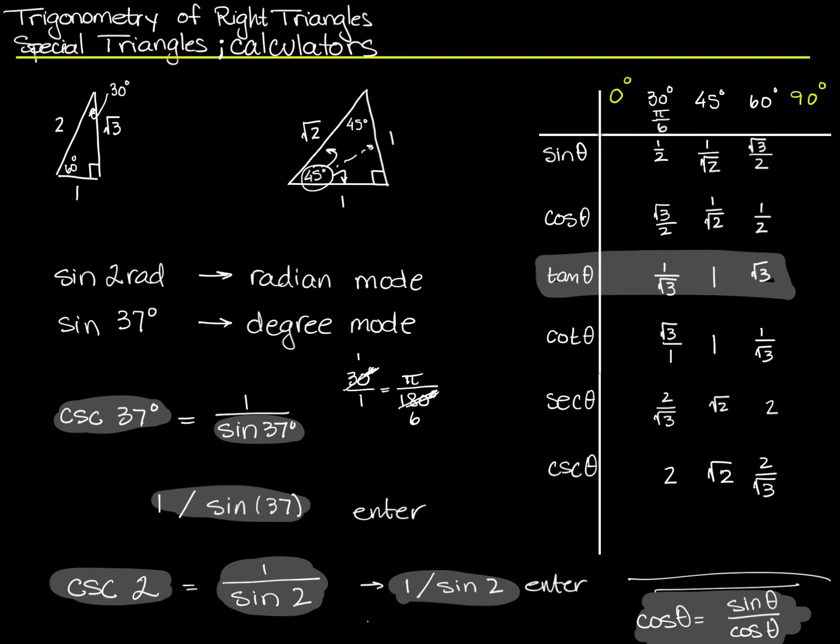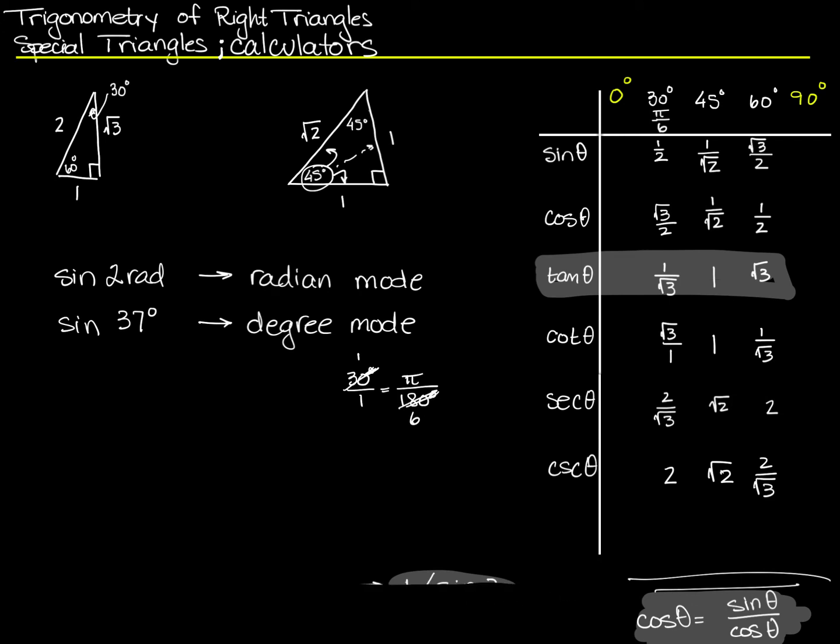I think I'll erase some of my calculator stuff here. And then I'll convert the other two. 45 degrees, when I multiply it by pi over 180, the degrees cancel.